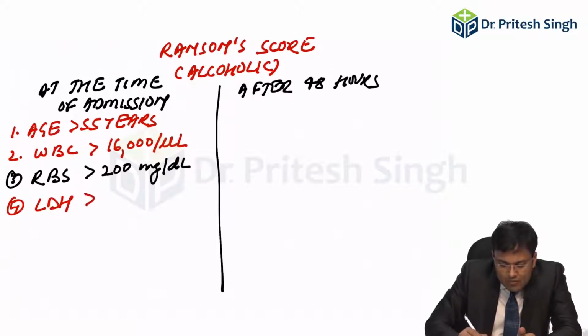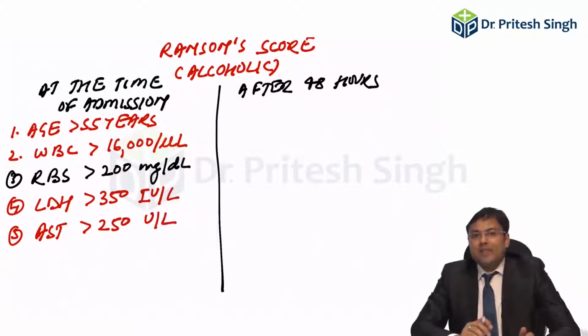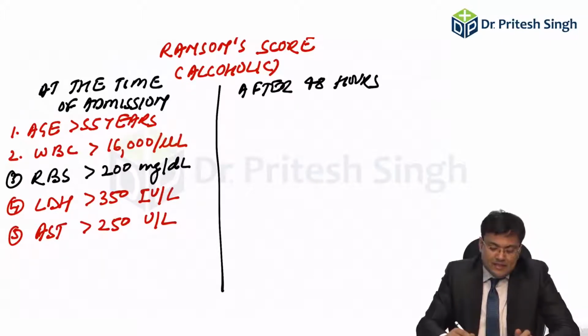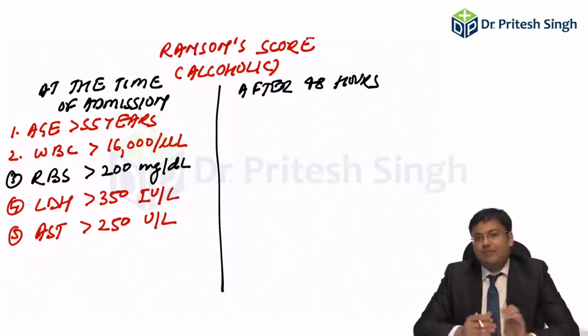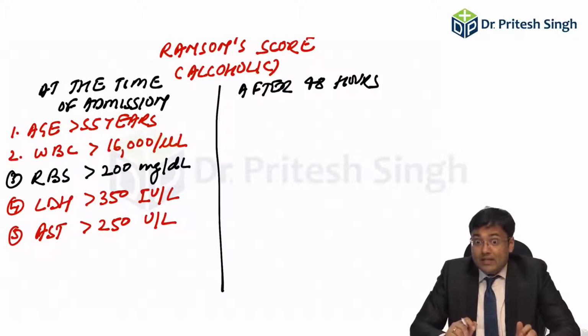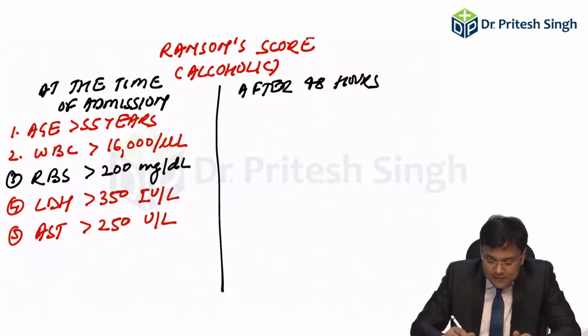Fourth, LDH, more than 350 international units per liter. And fifth, AST, more than 250 units per liter. These are the 5 parameters assessed at the time of admission. What are the parameters which are assessed after 48 hours? First, fall in hematocrit.